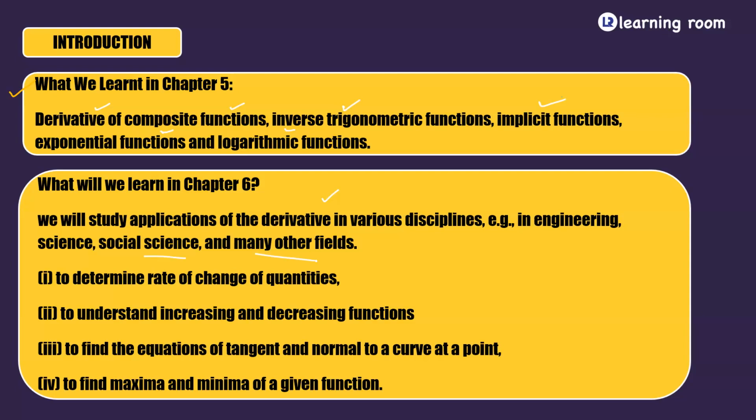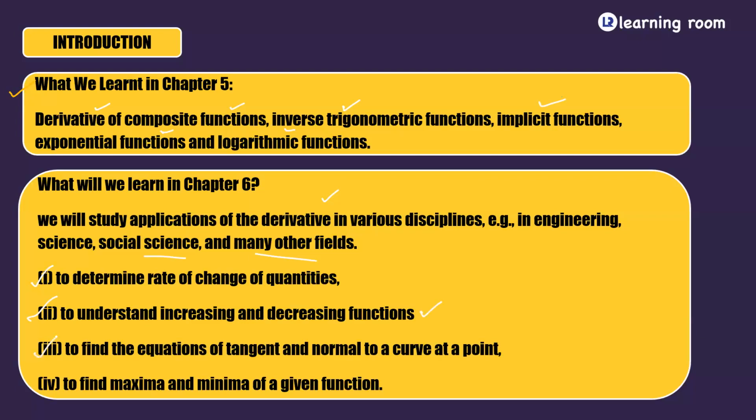In this chapter, what we are particularly going to understand is, first, how to determine the rate of change of a quantity. If there is a physical quantity that is changing with respect to time, how can that rate be calculated? Second, with respect to a mathematical parameter, that is a function, we will understand how to use differentiation to tell whether the given function is increasing or decreasing.